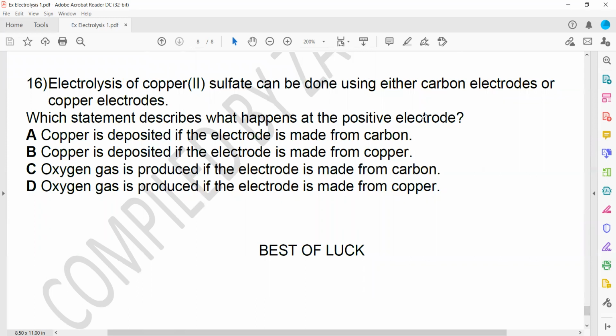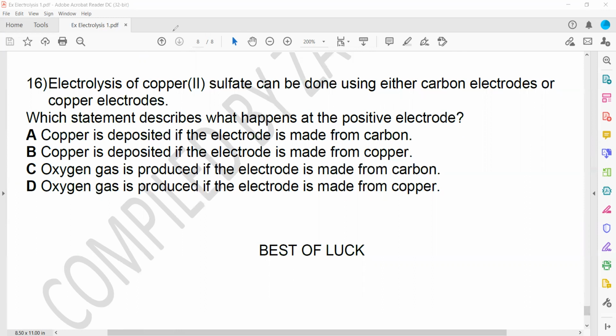Which statement describes what happened at the positive electrode? If we are using a carbon electrode, then oxygen is produced. So oxygen gas is produced if the electrode is made of carbon. That's why C is the right answer.